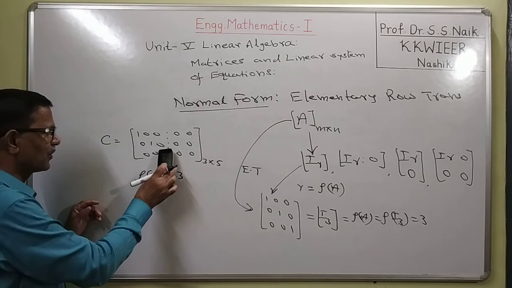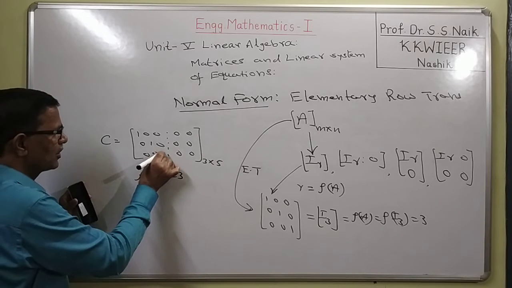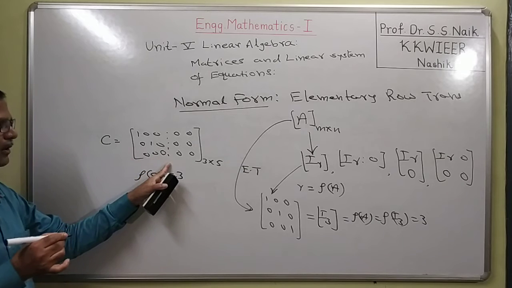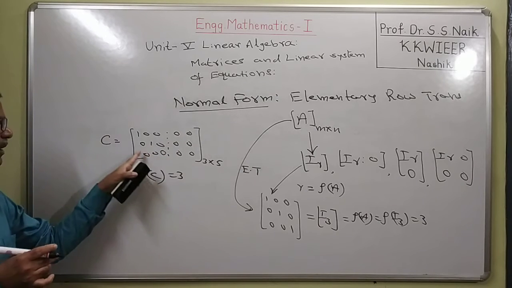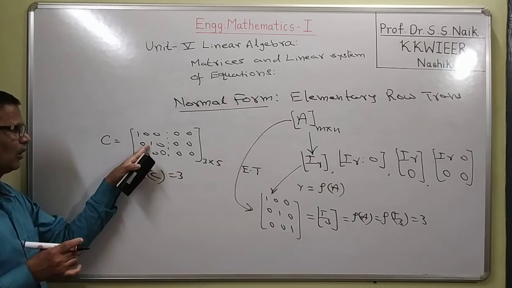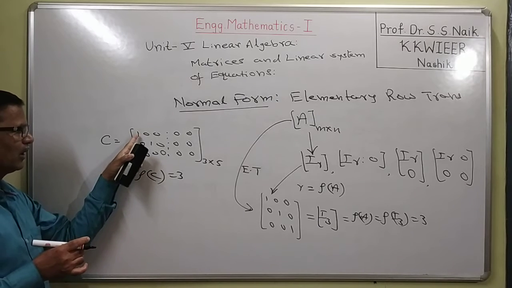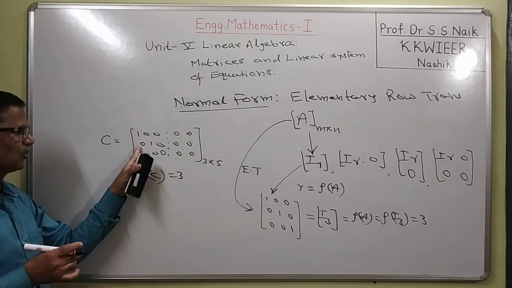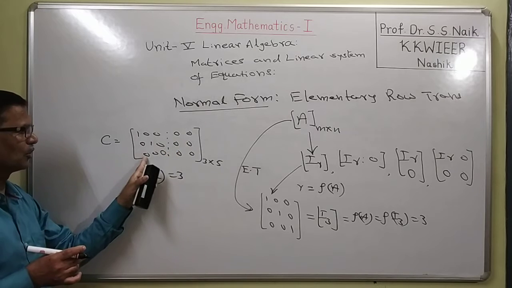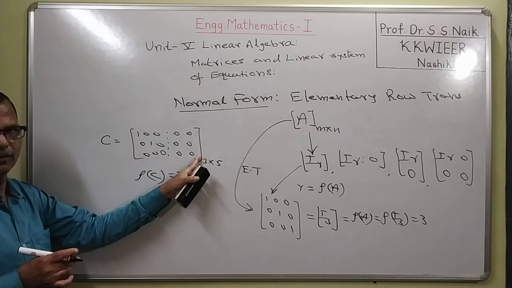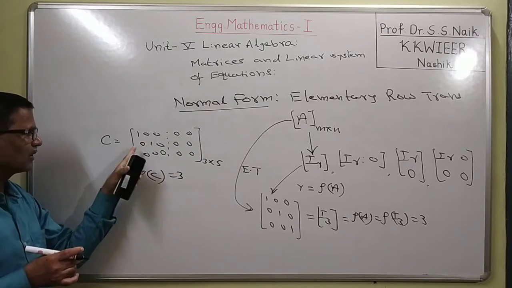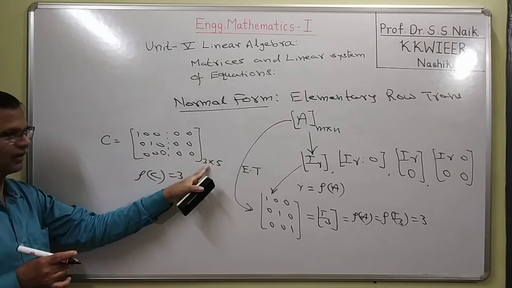If I convert this, now say this is equal to 0. So I made, just try to understand, I made this becomes 1, 0, 0. That is 1, 0, 0, 0, 0. Then 0, 1, 0, 0, 0, 0, 0, 0, 0, 0. Okay. Then this was a 3 by 5 matrix.